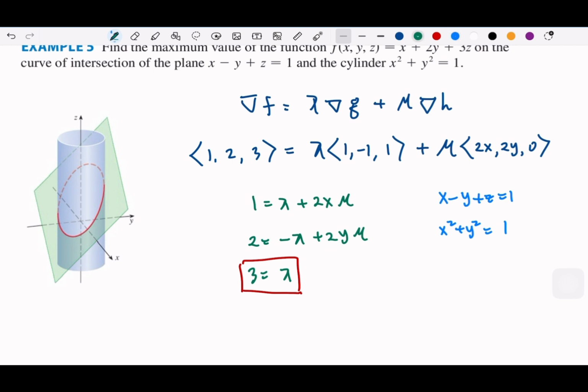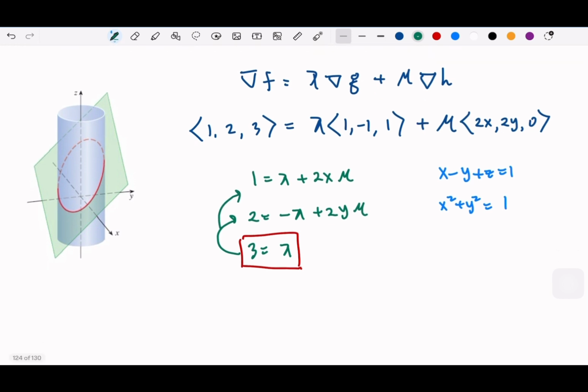So let's take lambda equal 3 and put it into the equations. Continuing, this will be 1 equals 3 plus 2x mu. We get 2x mu is negative 2.